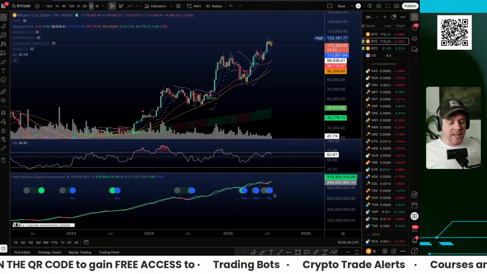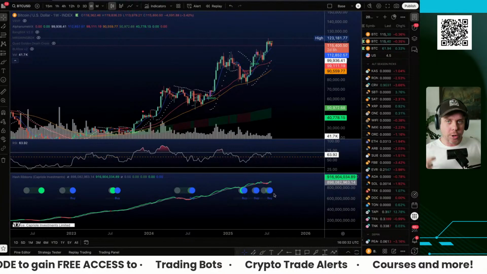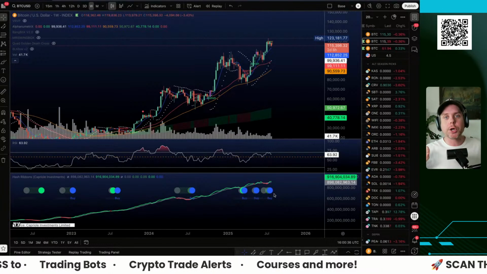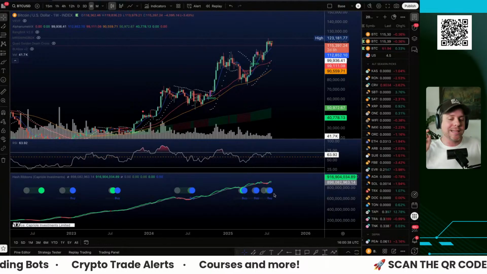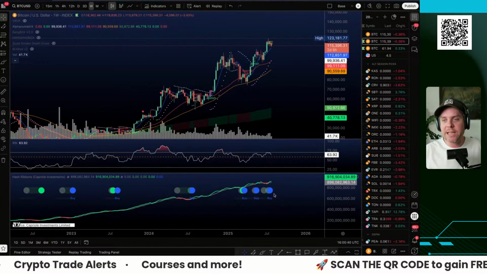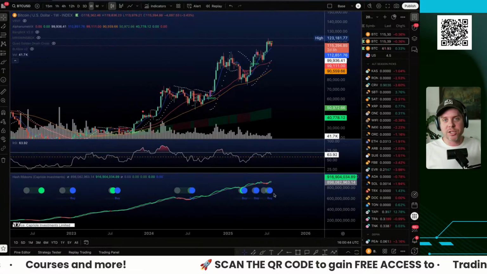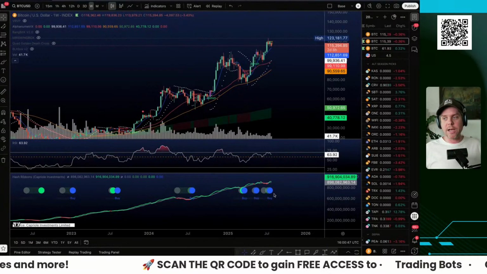The hash ribbon is measuring miner capitulation and then the point at which miners turn their machines back on. So yes, we're looking at it from a TA point of view. Yes, we're looking at it on TradingView, but this is very much a fundamental indicator.